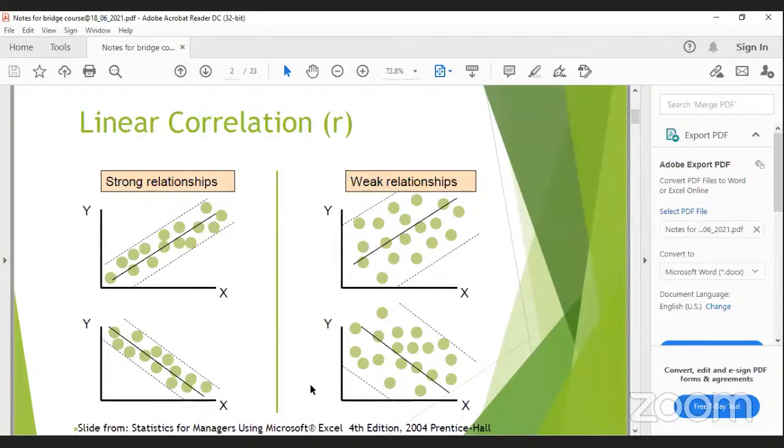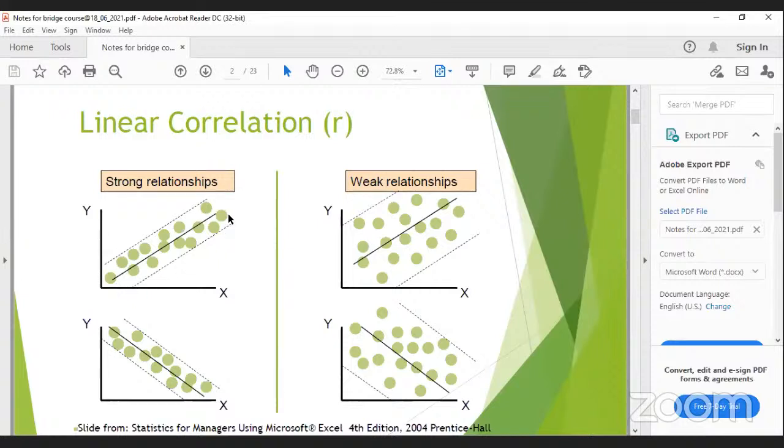So using those concepts, here we can observe these charts. Here we can observe these graphs where we can understand the strong relationship mentioned on the left side, where on the x-axis we have an independent variable, y is a dependent variable, and the graph goes from the left corner to the right corner.